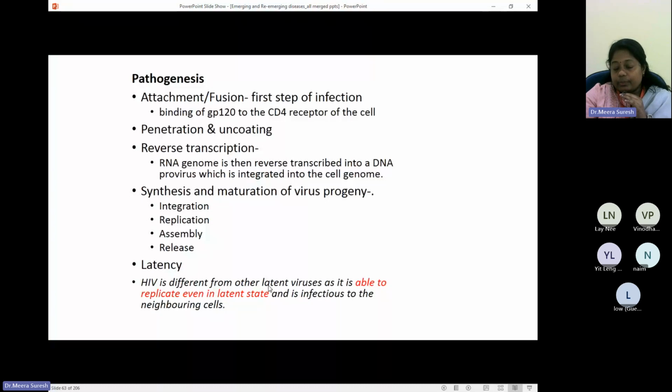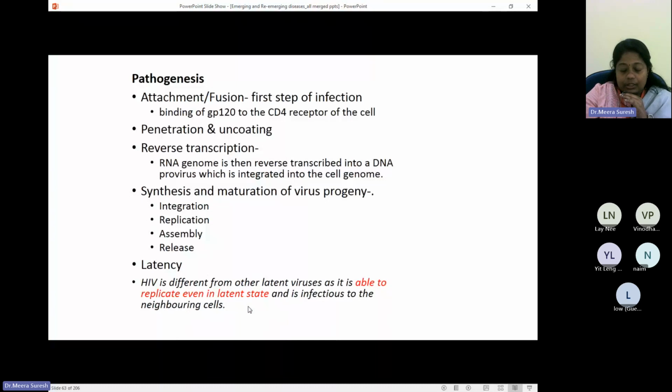However, it is showing its pathological activation, that it is replicating even in the latent stage. Unlike other bacteria and viruses, which during their latent stage are in complete hibernation mode and not doing anything pathological, in the case of HIV they are able to replicate even in this latent stage, continuing the infection and destroying the CD4 cells.